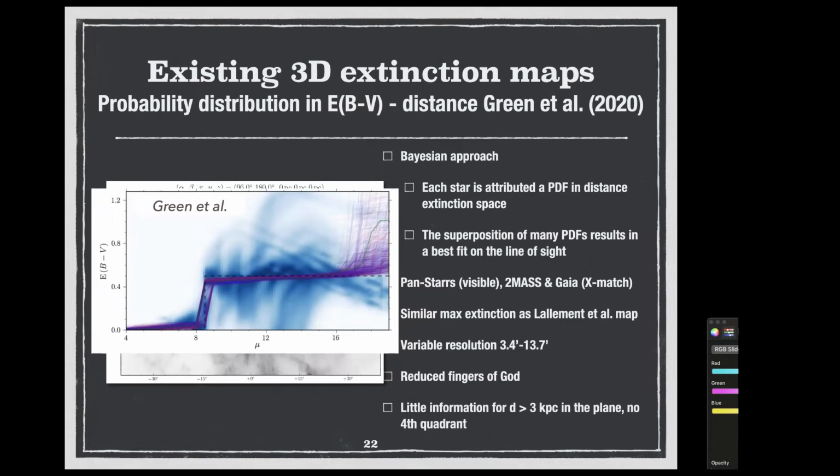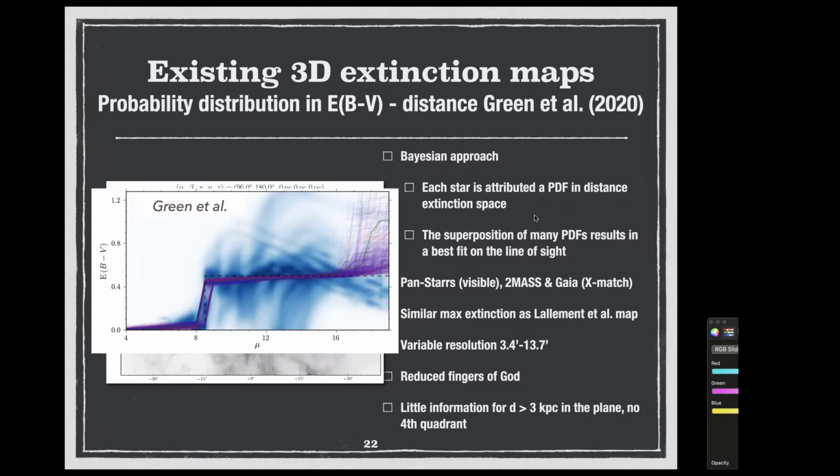And the idea here is to look at individual stars and try to get a probability density distribution of the star in distance extinction space. You can basically get constraints on where the star should be in terms of distance and extinction. And then you can get many stars along the line of sight, you superimpose them, and you end up seeing a ridge of extinction that comes out of high probability, and this gives you the line of sight extinction distribution.